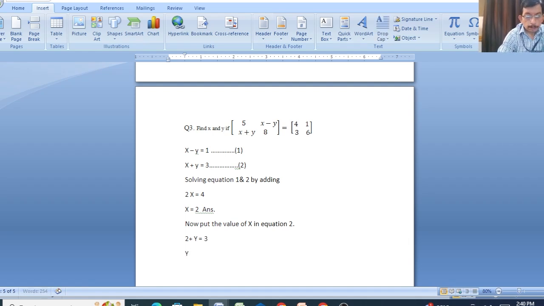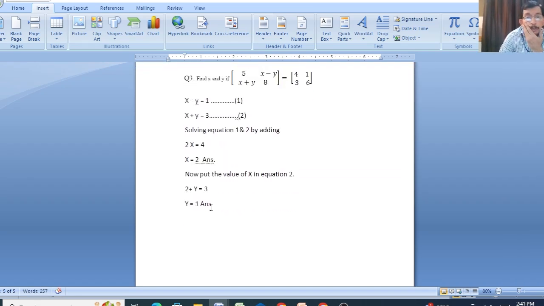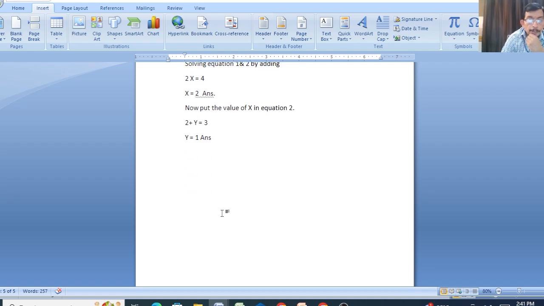Then y equals 1. So these are the values of x and y in the given matrix. x is equal to 2 and y is equal to 1. Clear, everyone?